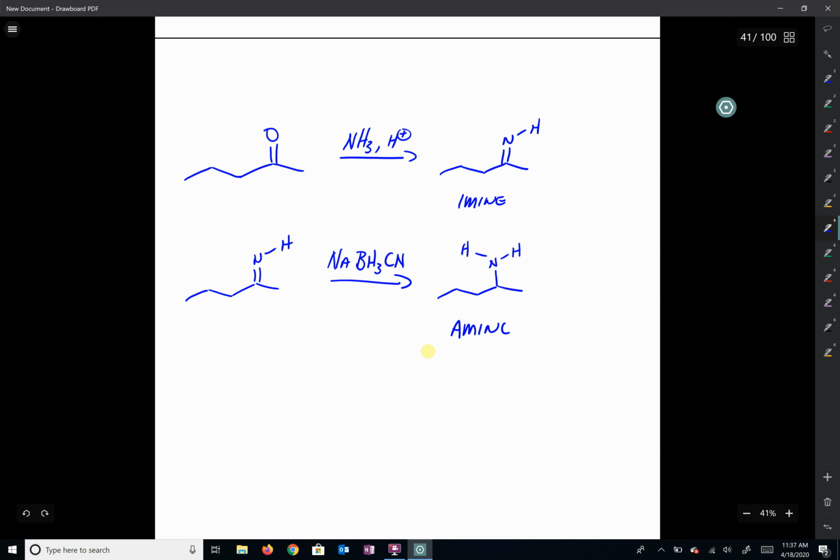This is the hardest part about this chapter for me. I always mix up amine, amide, ammonia. I get tripped up sometimes with the verbiage there. Anyway, so imine to amine.